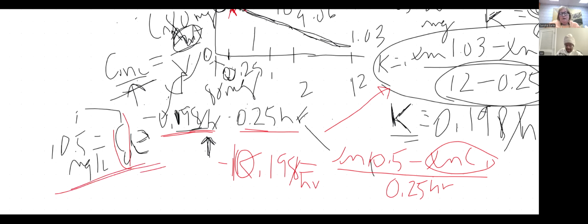But I want you to realize it's just a rearrangement of rise over run. It's the natural log that screws everything up. Don't let it intimidate you. You're bigger than natural logs.